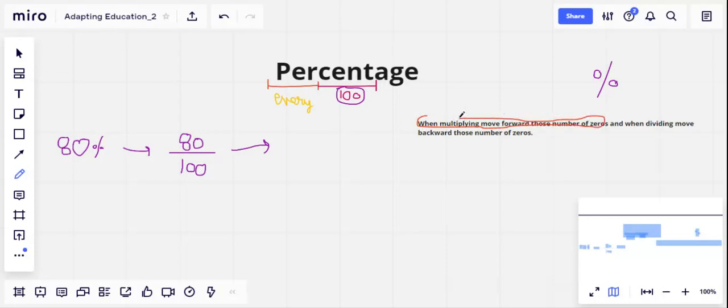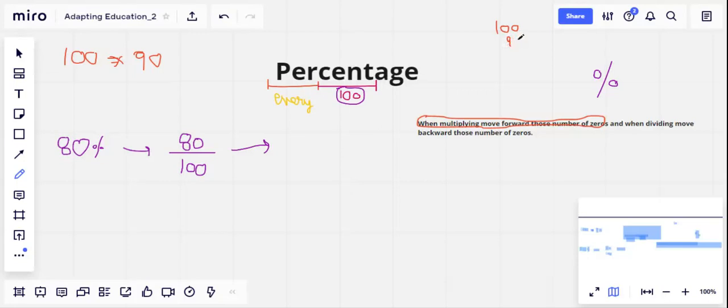This means that when we are multiplying something, let's say we are multiplying 100 with 90, you are not going to multiply it by writing 100, then 90 below it, then the multiplication symbol, and then multiplying. We're not going to do it that way.